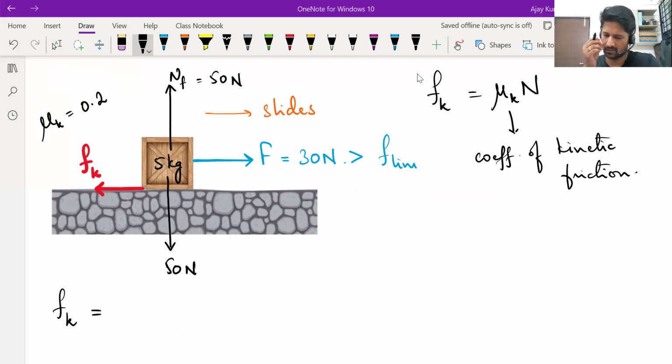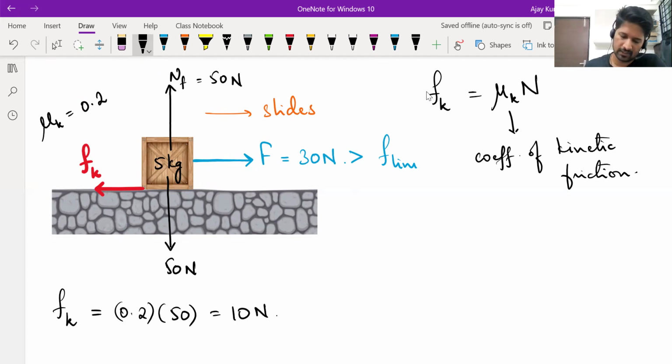Okay, Rishi, your answer is correct. 10 Newton friction will be acting: 0.2 multiplied with the normal force of 50 Newton. That will be 10 Newton. We are dragging it with a force of 30 Newton. Friction acting is 10 Newton, kinetic friction.